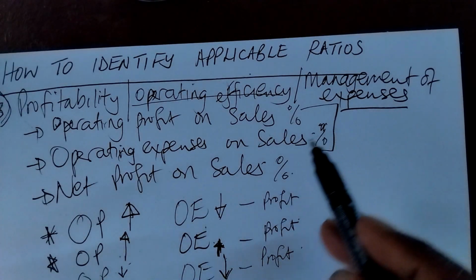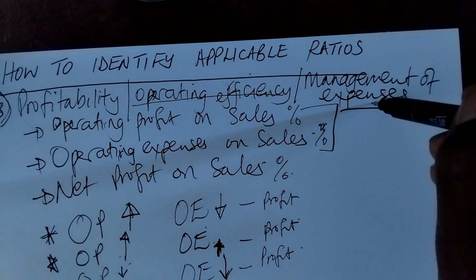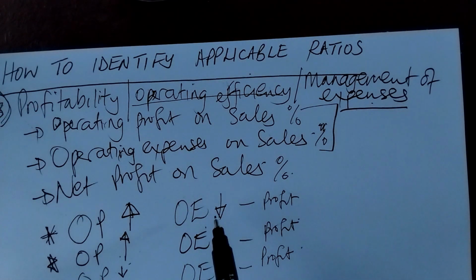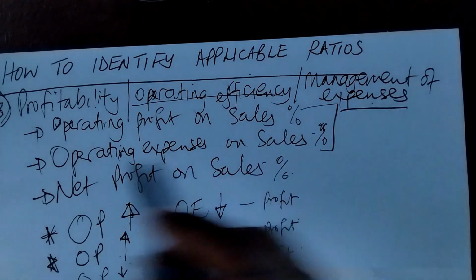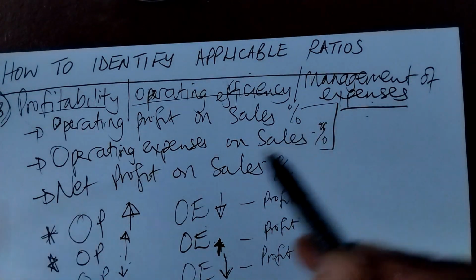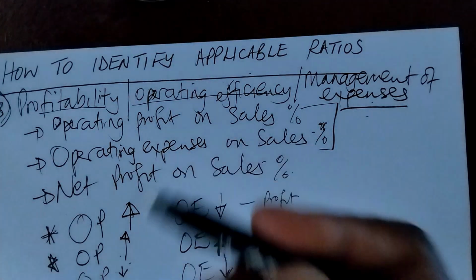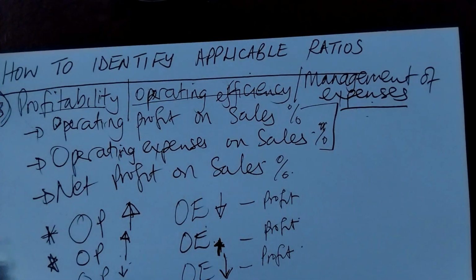So a business can only operate efficiently to make a profit when they have an ability to manage their expenses, which means expenses must decrease. If expenses increase, they must increase with a percentage which is below the increase in income. If both expenses and income are decreasing, then expenses must decrease more. That is the only way for you to end up with profitability. So your management of expenses is the one that leads to profitability, because you can only make money and be profitable if you've got an ability to manage your expenses.